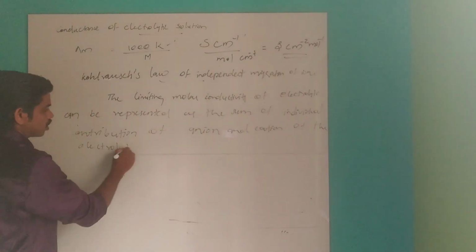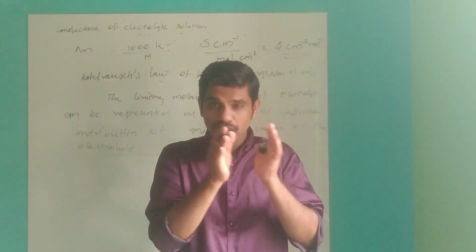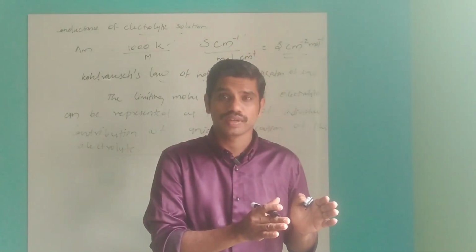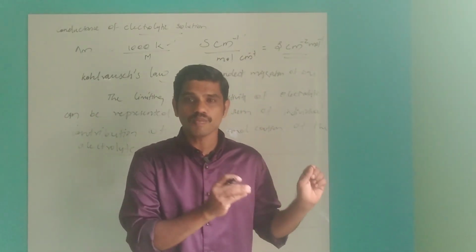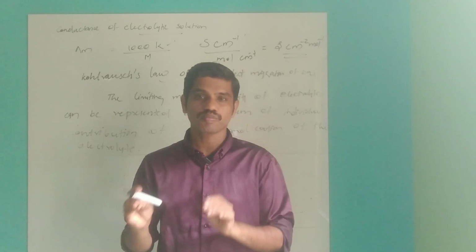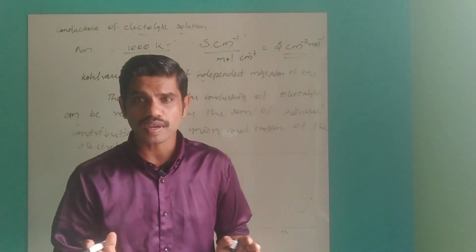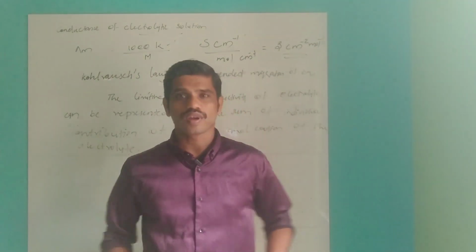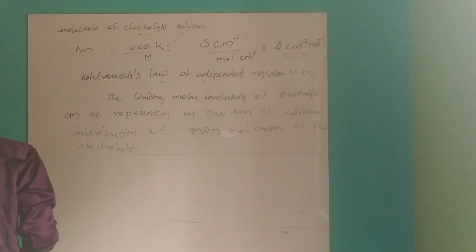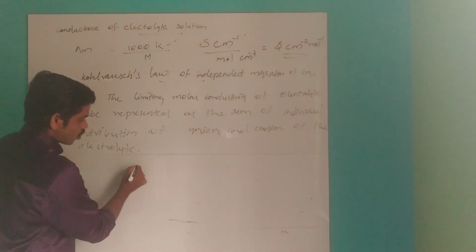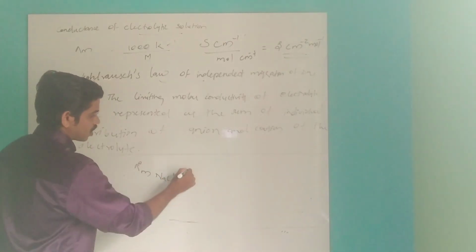So at infinite dilution we can find the molar conductivity. It will be the sum of the anion and cation present in that electrolyte, and it does not depend on the other electrolyte.